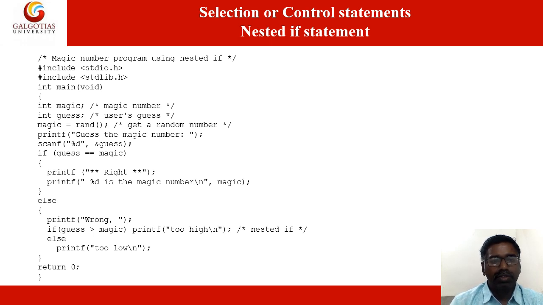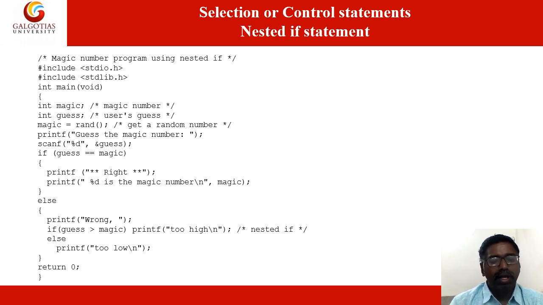So here as usual we have two integer variables, magic and guess. Using the random function, we generate a random value and store it in the variable called magic, and ask the user to enter a number that is stored in the variable called guess.